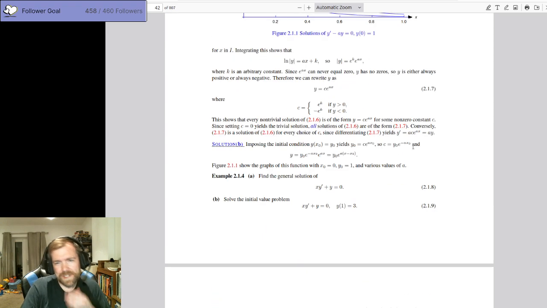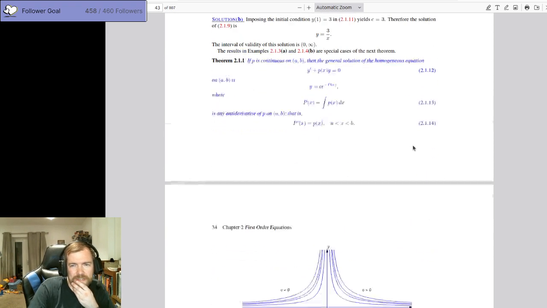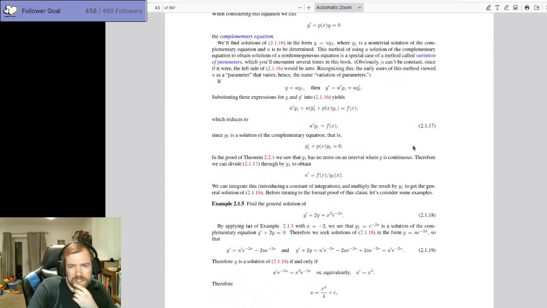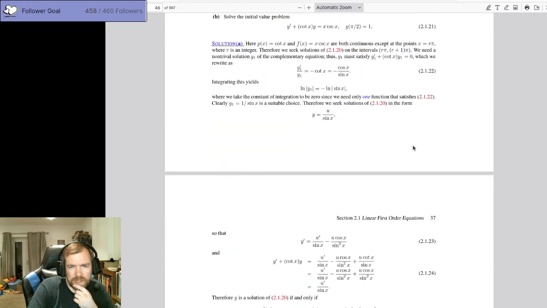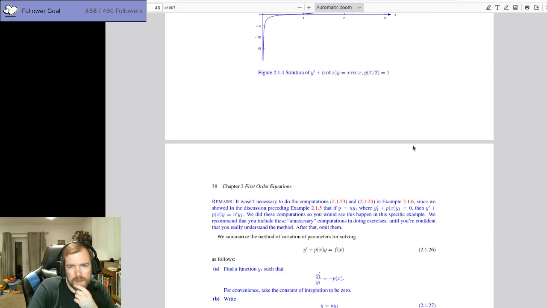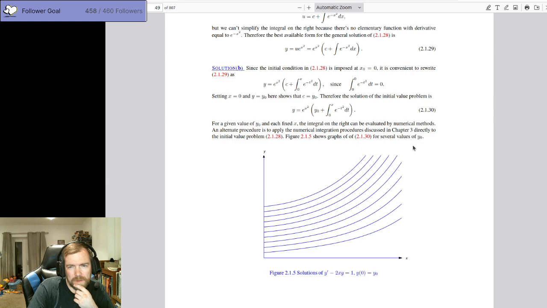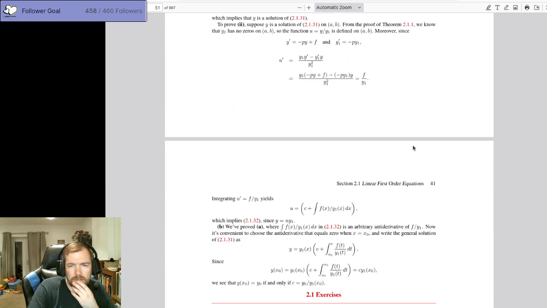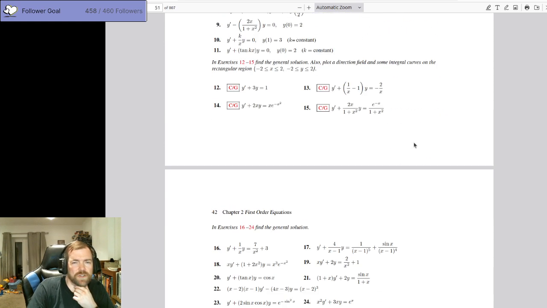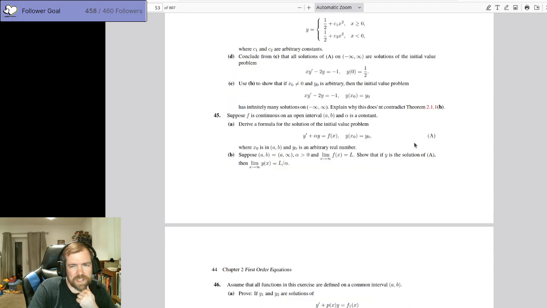What are my least favorite differential equations? I gotta think, what are my least favorite to solve, right? Because, like, by hand. Or teach. What's my least favorite section to teach?